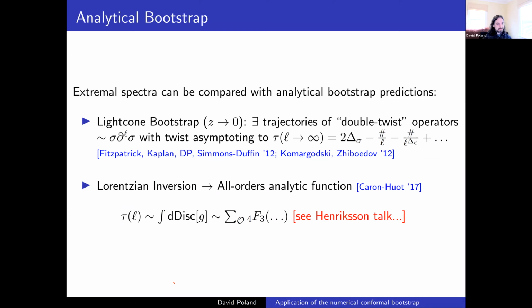And this gives you some analytical approximations to the spectrum as a function of spin. In practice, you can compute it in terms of a big sum of 4F3 hypergeometric functions. So this is an approach that can be pursued. I don't have time to dive into it. I think it's going to be discussed more in a talk later by Johan Henriksen.